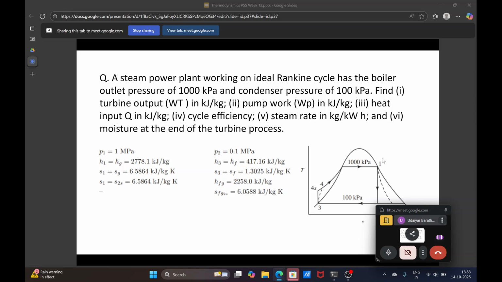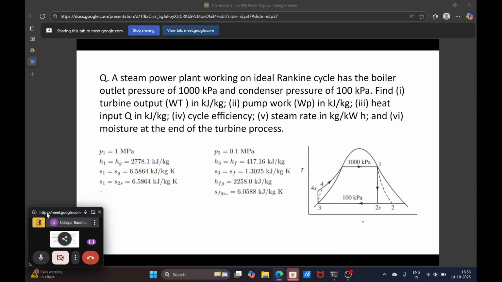H1 is the saturated vapor condition, so the enthalpy is 2778.1 kilojoule per kg, and similarly S1 is the saturated vapor entropy, which comes out to be 6.5864. What we know is S1 is equal to S2S, since it's an ideal reversible cycle. Similarly, H3 is the saturated liquid condition.